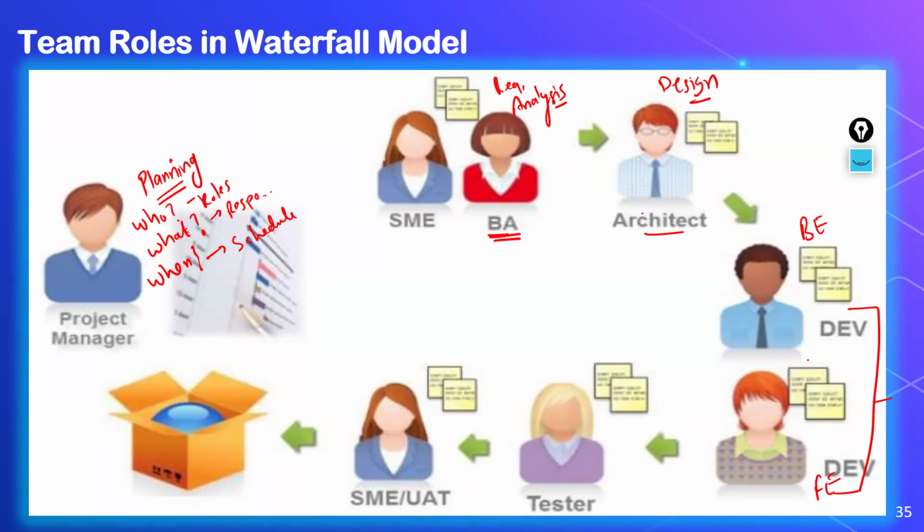Two development teams can be there, or one could be taking care of all the application part, and the other would be taking care of all the other aspects like database, services, and all that. Then there will be testing, then there will be delivery. But before delivery, there will be UAT. I'll talk about the UAT.